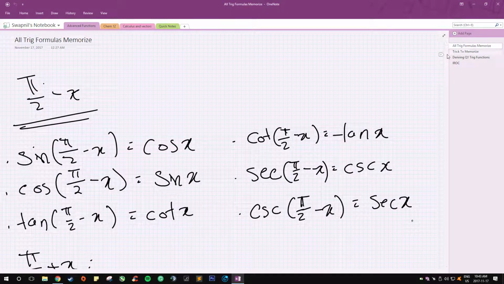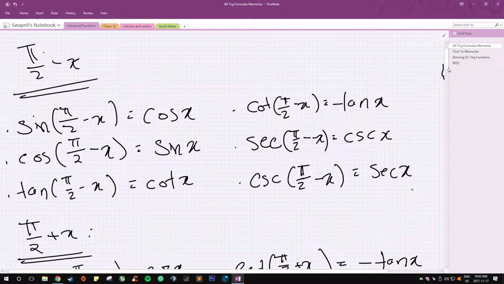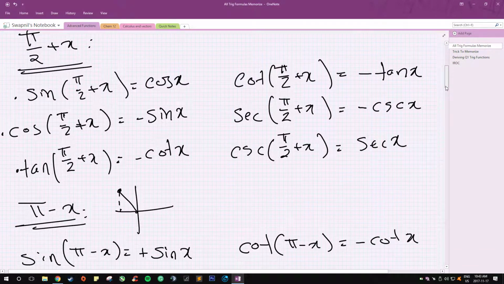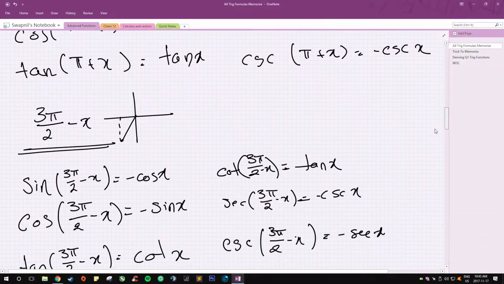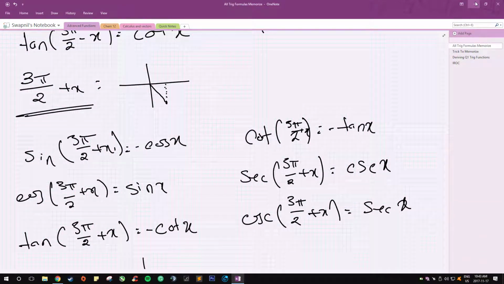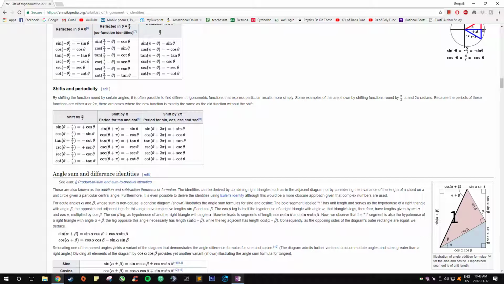So let's see. Pi over 2 minus x, pi over 2 plus x, pi plus x, pi minus x, 2 pi over 2 minus x, 2 pi over 2 plus x.